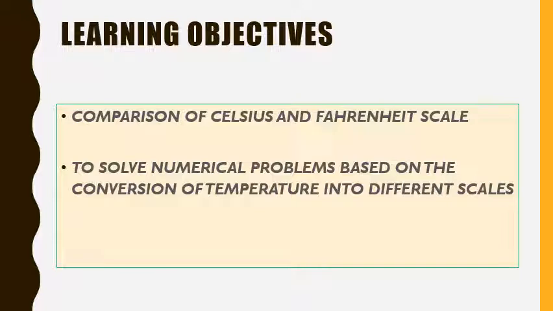Then we'll also see how to solve the numericals based on the conversion of temperature into different scales. We have seen two formulas for the conversion of Celsius to Fahrenheit and Fahrenheit to Celsius, so we'll see how to solve such problems.